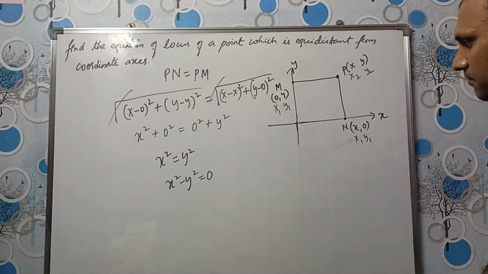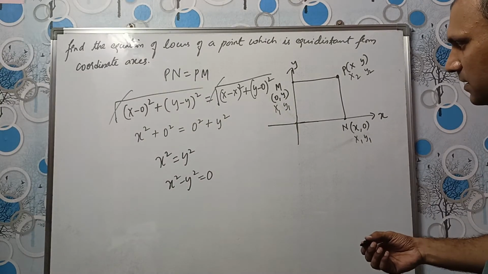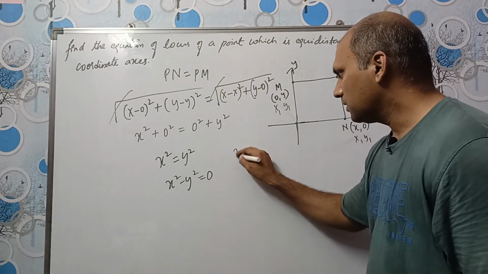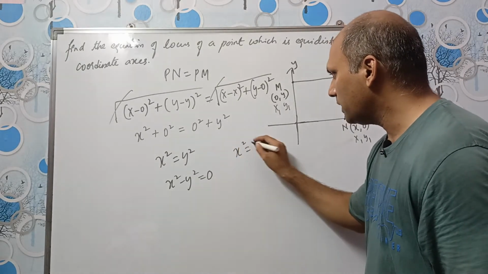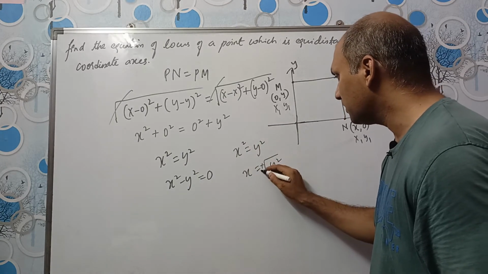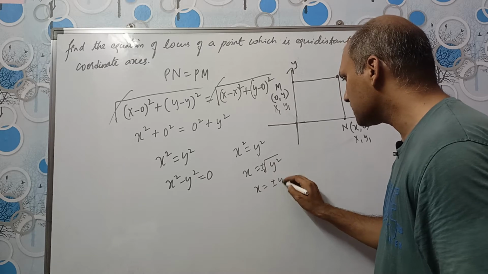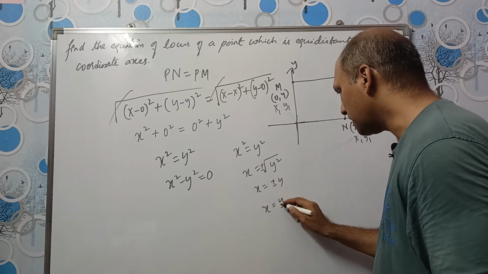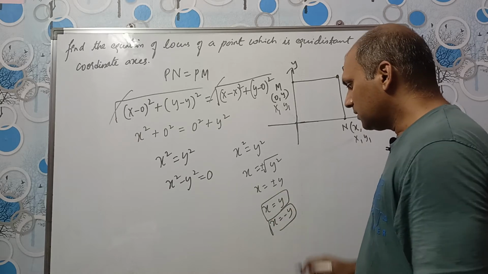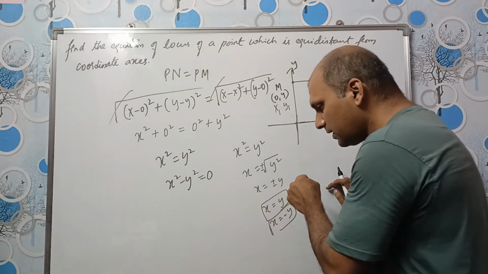You can write this as two separate straight lines also. See, x square is y square, so this square goes to the other side, becomes root, but it will become plus minus, plus minus y, which means x is equal to plus y and x is equal to minus y. So two straight lines will satisfy.